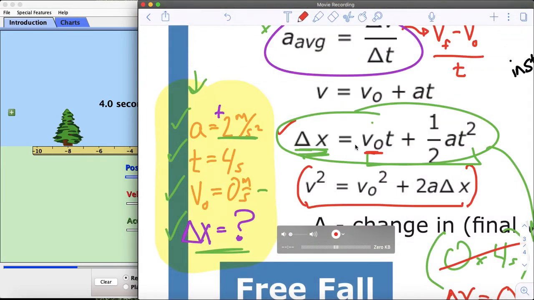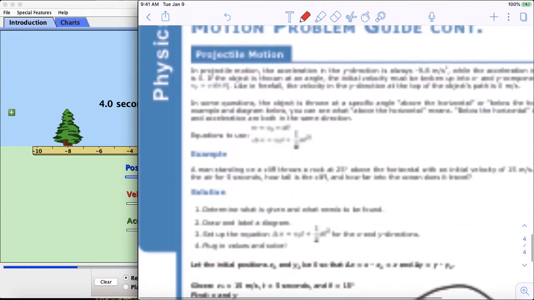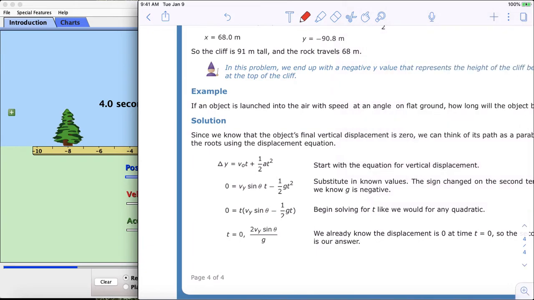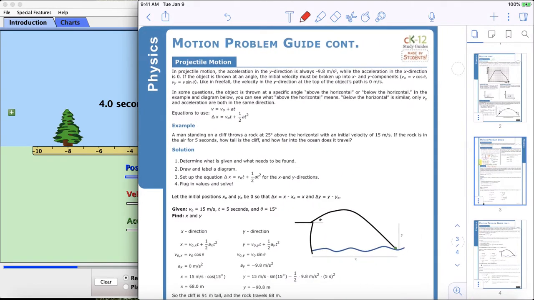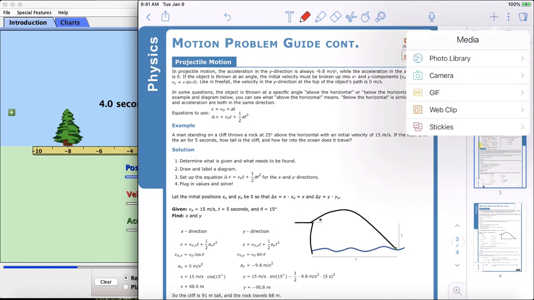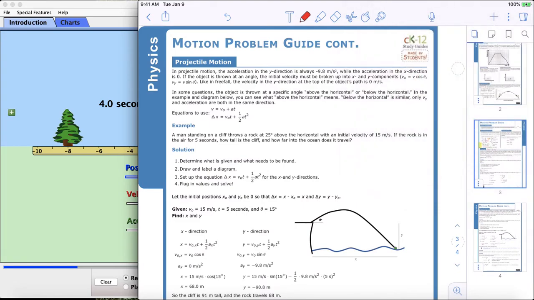I'm going to go down here and add a page. Nope, that's not how I add a page. How do I add a page? Really? All right. Clearly, I don't know how to add a page. But anyway, let me go to just a new note.